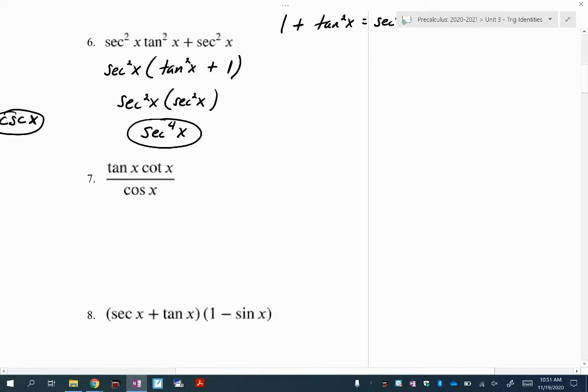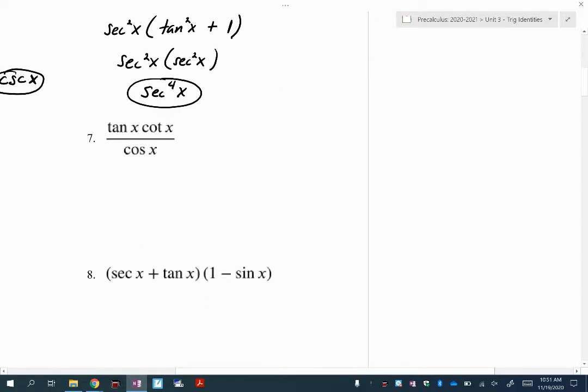All right, number 7. Now, what I want to do for number 7 is break it up into 3 things. So tangent of x over 1 times cotangent of x over 1 divided by cosine of x over 1. Now, the first thing I notice is if I leave the tangent of x alone and change cotangent of x over 1, if I wrote that as its reciprocal, would be 1 over tangent.